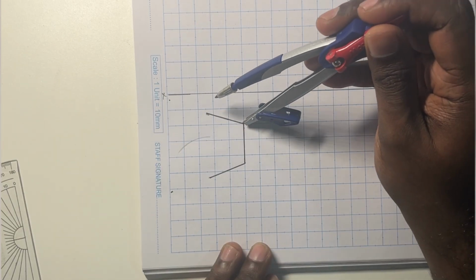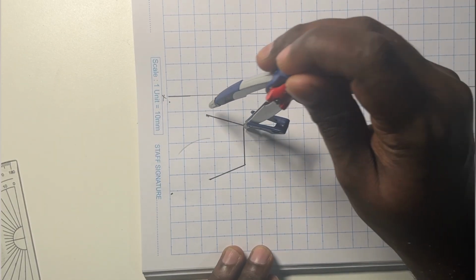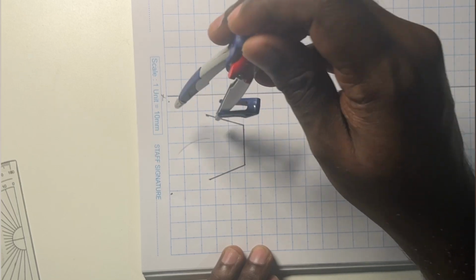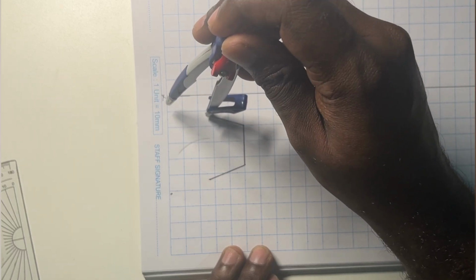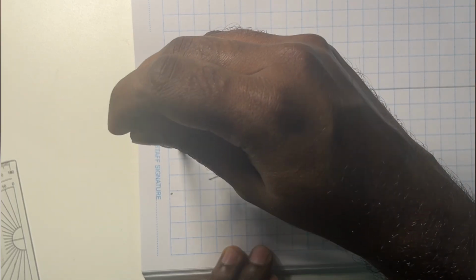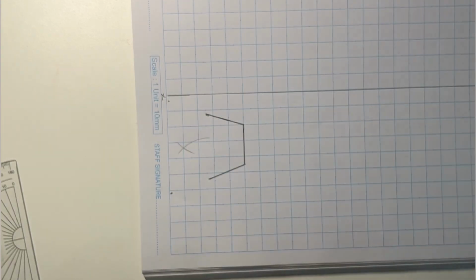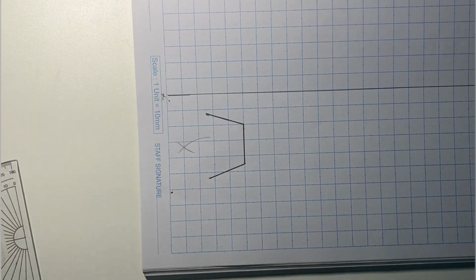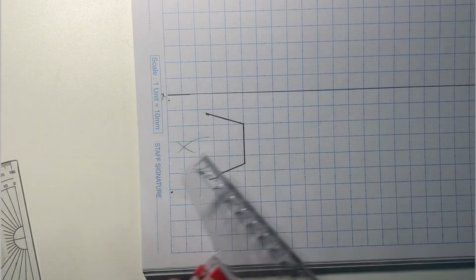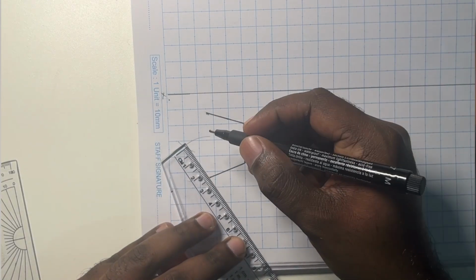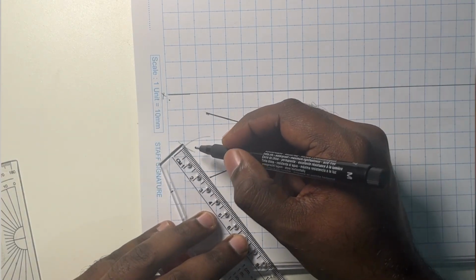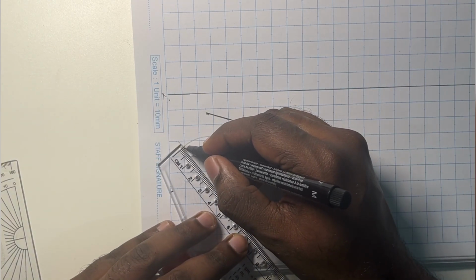And similarly, this edge I'll be considering. Measure this edge, keep the compass here again and cut an arc. Now the point of intersection is where I'm going to draw the two other edges. You can just see that it is exactly equal to 2.5 centimeters.